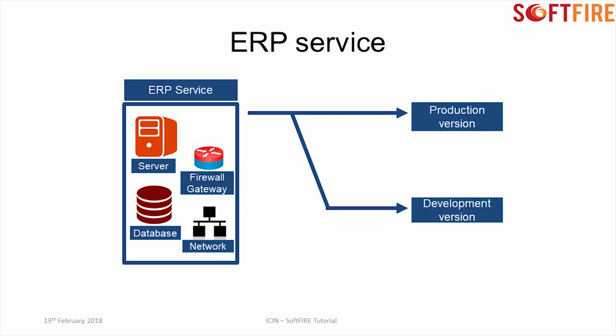We can buy all the stuff to have a physical environment for the production environment, but the problem arises when we want to develop a new version of this service without stopping the production version.